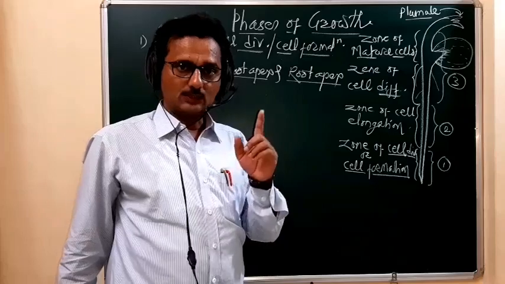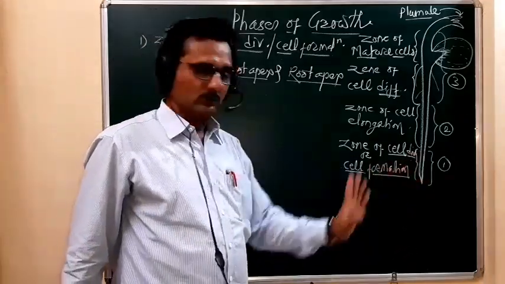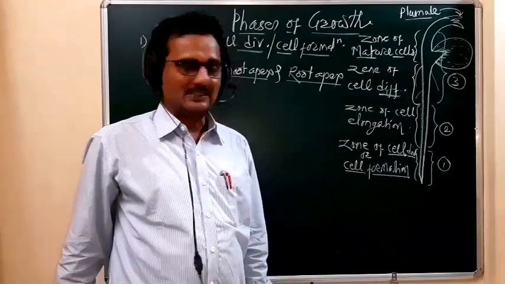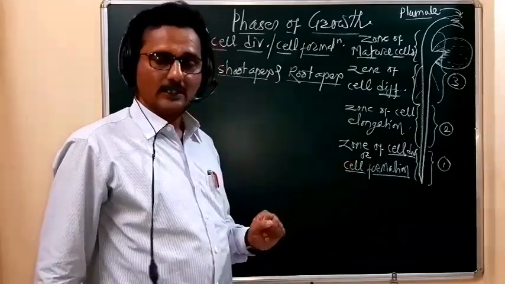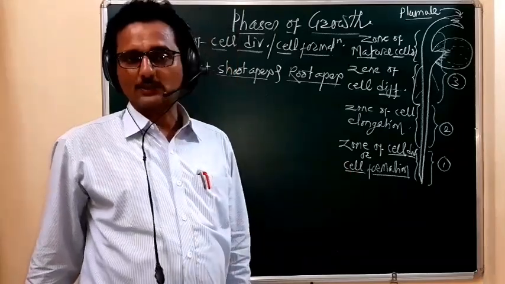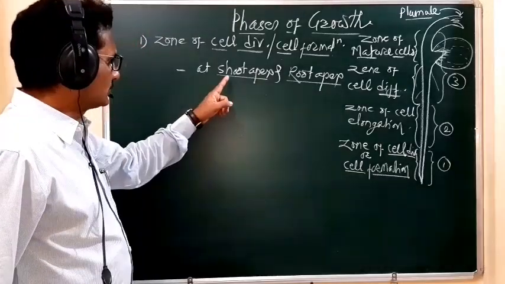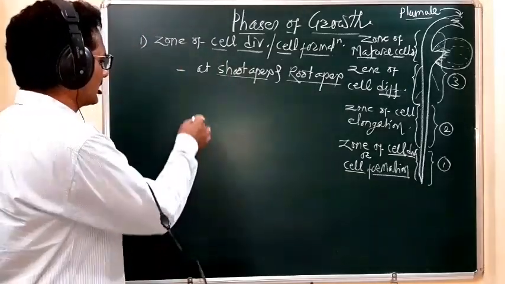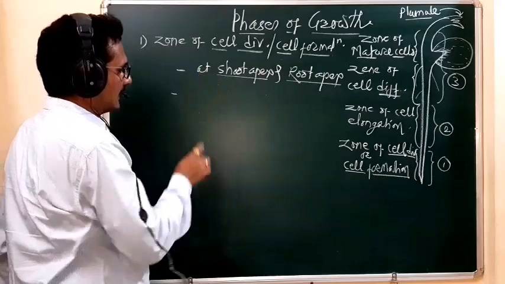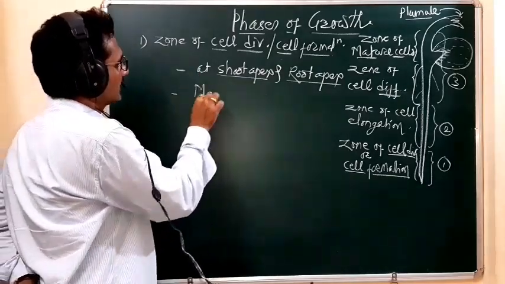So at that site, or here in the case of the root, at the root apex, the zone of cell division or cell formation is situated. Remember, it is seen at the shoot apex and the root apex. At this site, the cells are meristematic.